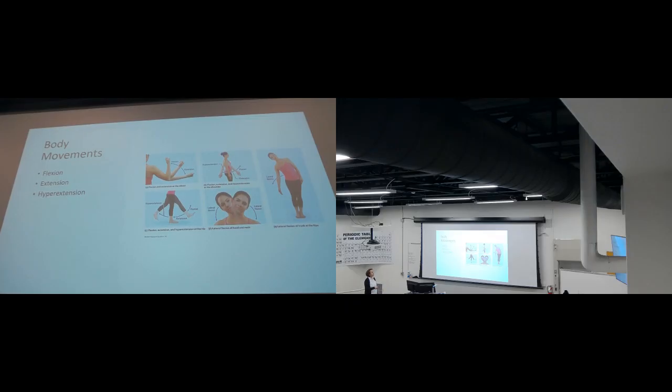Then we can have hyperextension as well of the arm. So this is flexion, hyperextension, and extension. Then we can have lateral flexion, like this, okay? And then lateral extension as well with our head.